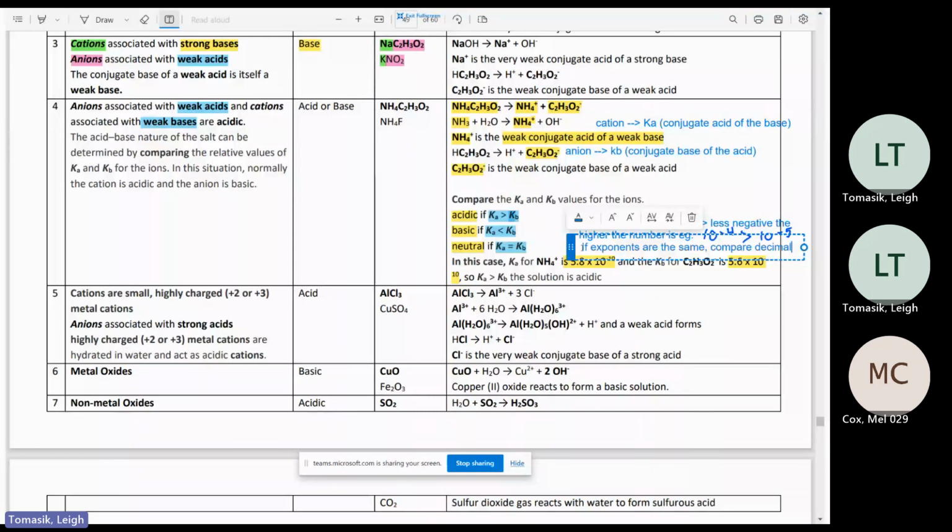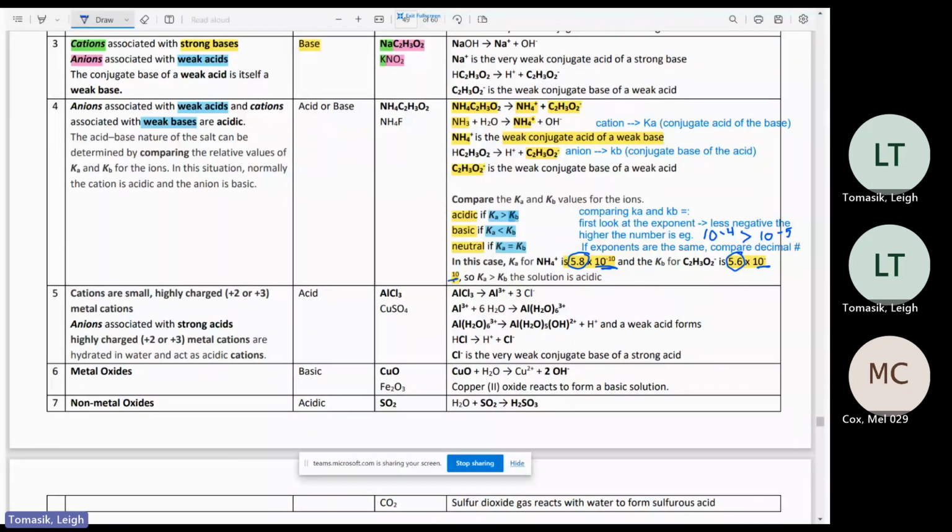The real name for the decimal number is the coefficient, right? We call 5.8 and 5.6 coefficients. So because they're both 10 to the negative 10, the exponents can't tell us which one is bigger. So we just choose the one with the bigger decimal number.